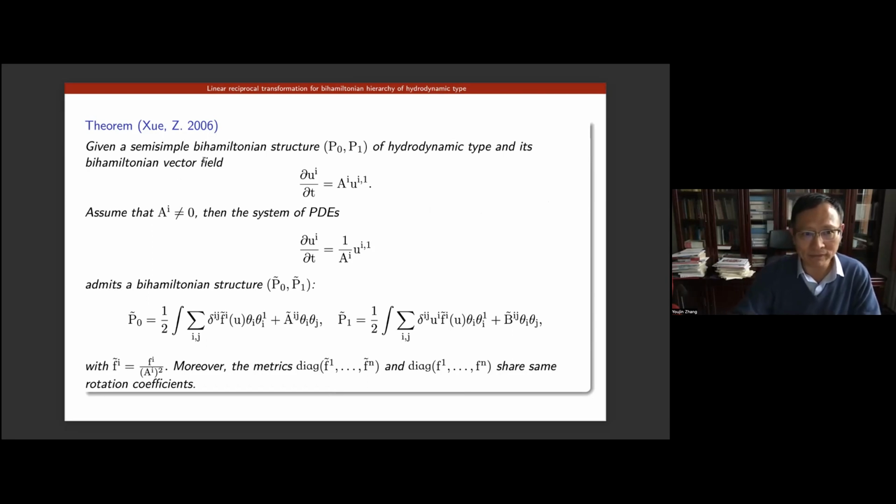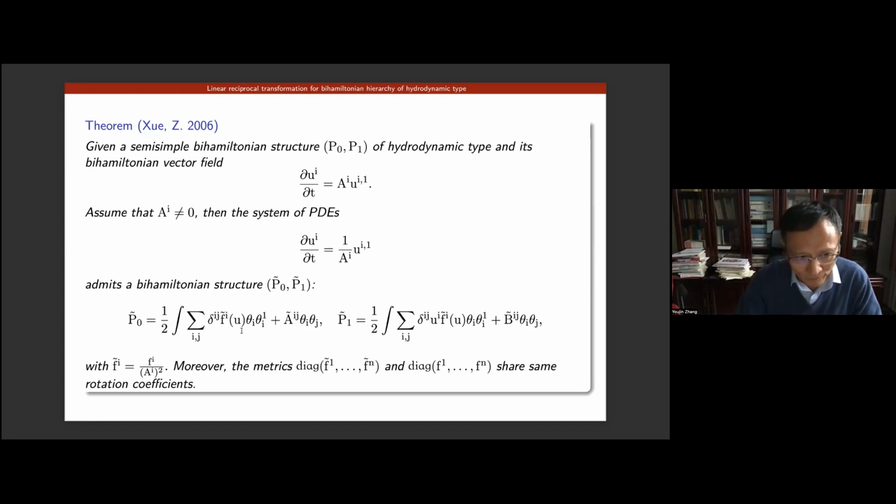That means that given a semi-simple bihamiltonian structure of hydrodynamic type, with a bihamiltonian vector field, if we assume that these AI are non-zero, then we can perform a reciprocal transformation to obtain an evolutionary PDE of this form. And this evolutionary PDE admits a bihamiltonian structure given by a flat pencil.